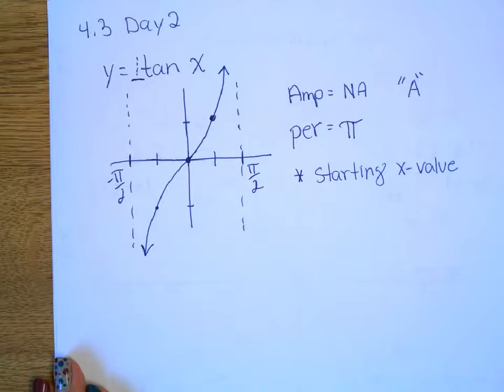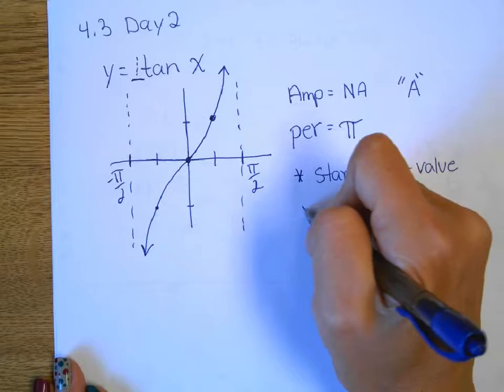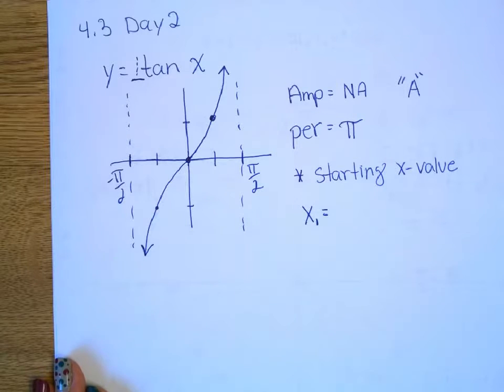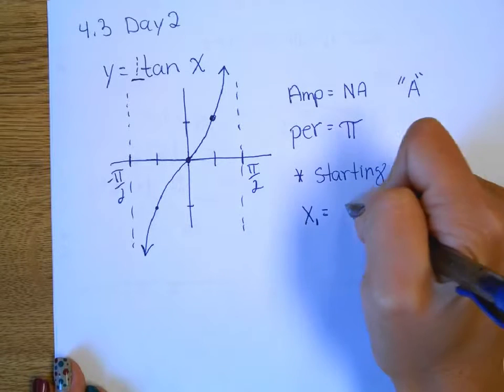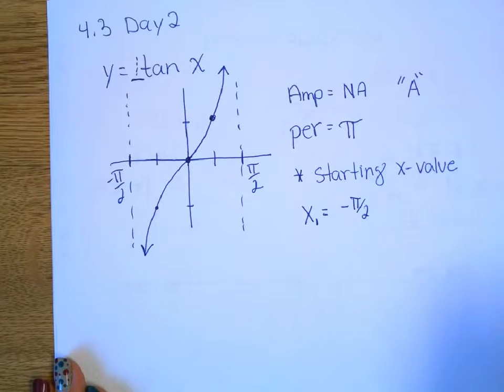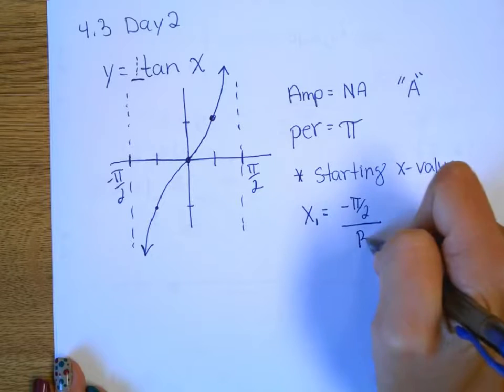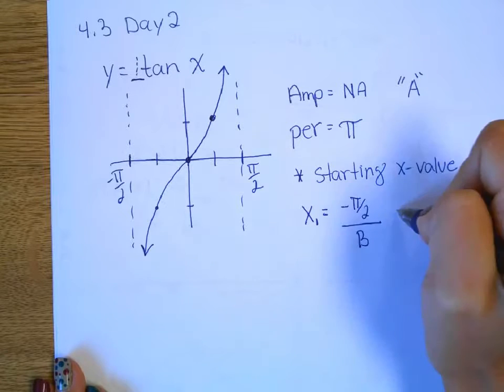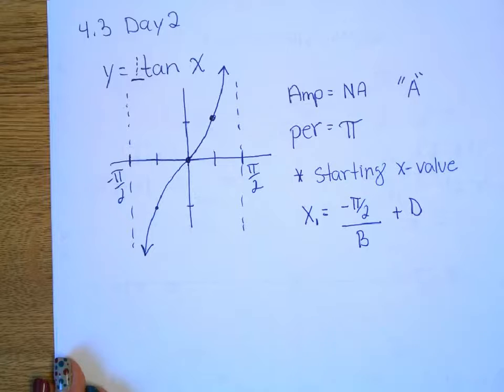Sine, cosine, secant, cosecant all start at the phase. Tangent does not. The first x value, I'll call it x sub 1, is this little formula. Negative pi over 2 divided by b plus the d.